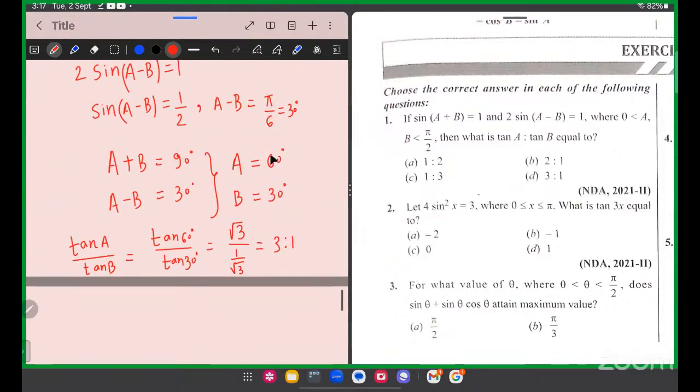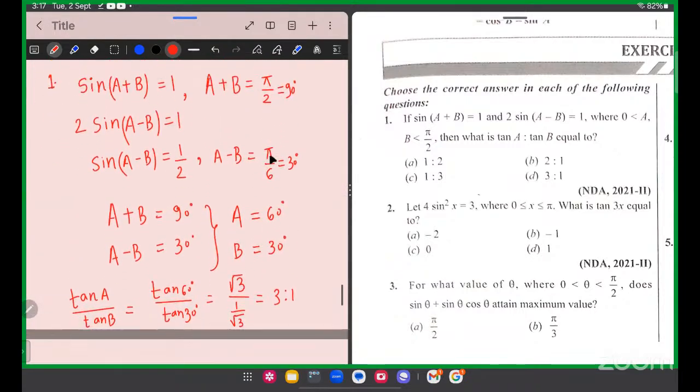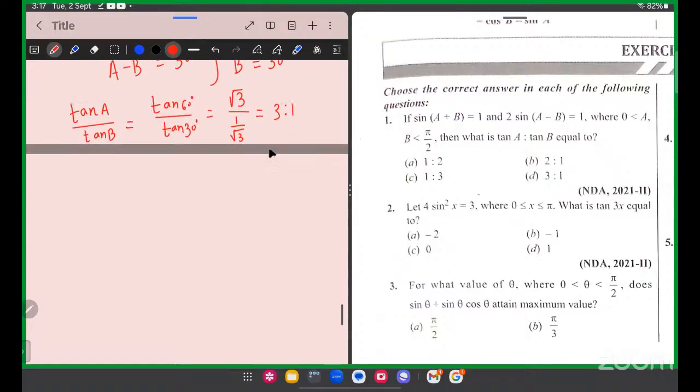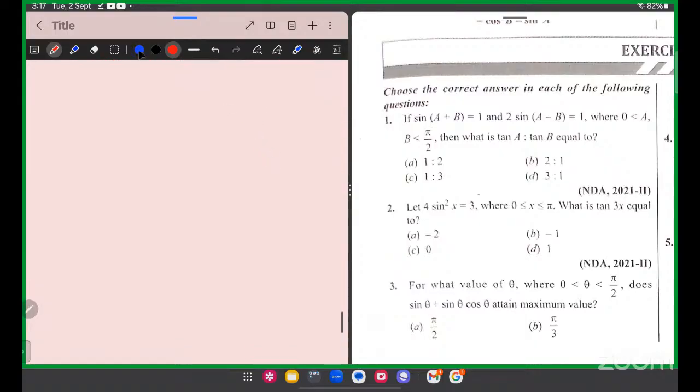So done? Okay. Let me tell you one shortcut, SETTA number one.